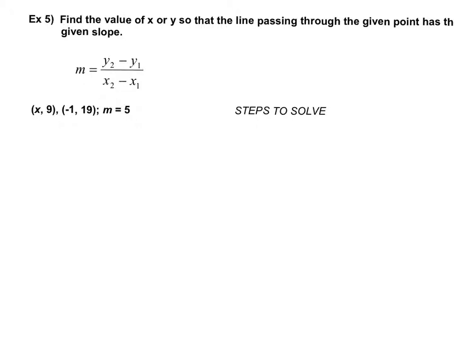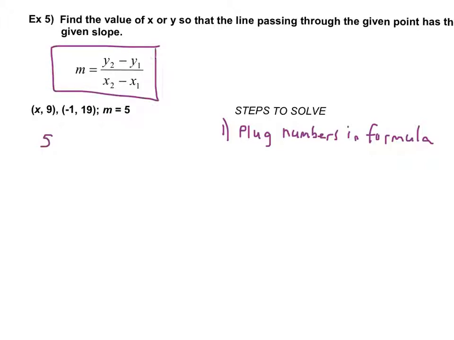So let's see what we need to do to solve this. The first step is to plug the numbers that you know into the formula. I know that the slope is 5. Again, this is the formula that I'm using. And let's say this is x1, y1, this is x2, y2.